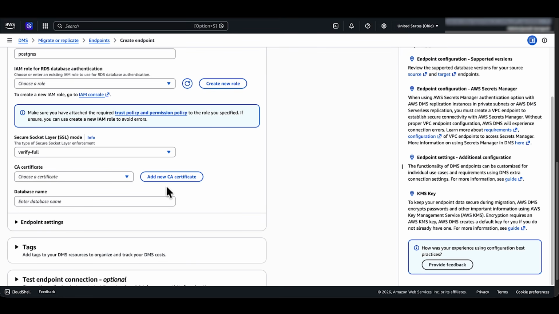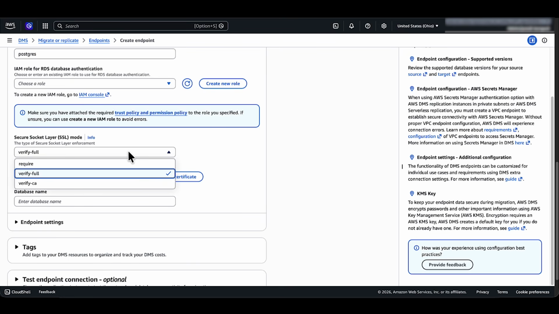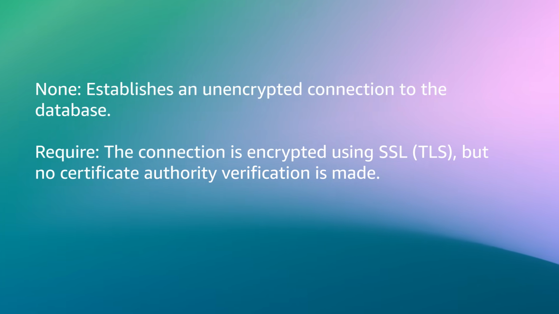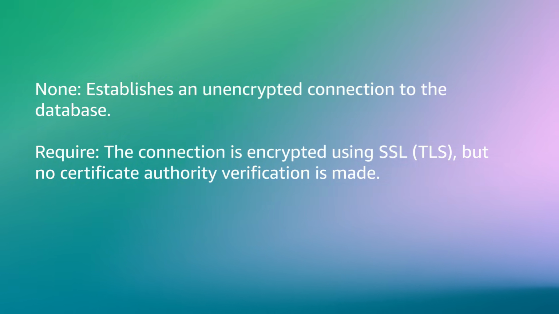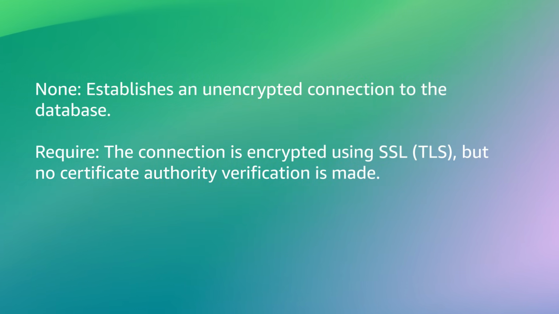In SSL mode, you have four primary options to consider based on your security requirements and the database engine you are using. None establishes an unencrypted connection to the database. Require: the connection is encrypted using SSL/TLS, but no certificate authority verification is made.